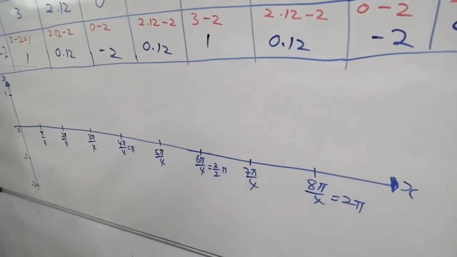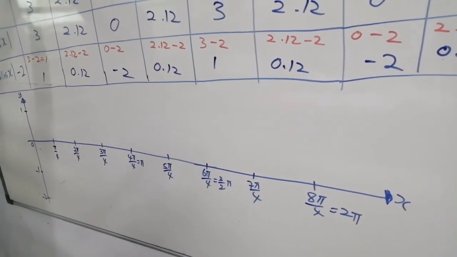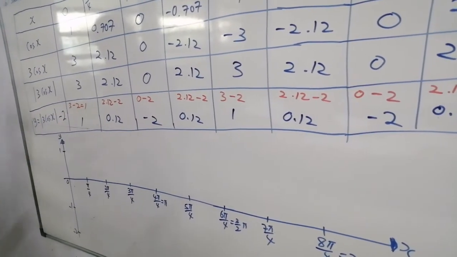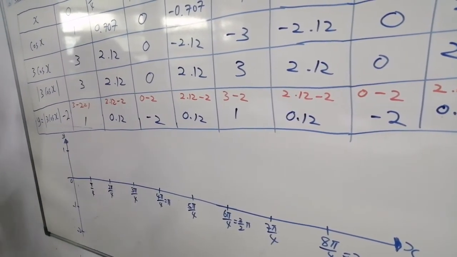That's all. Then at 0, my final answer is 1, so 0 and 1, I make a cross here.